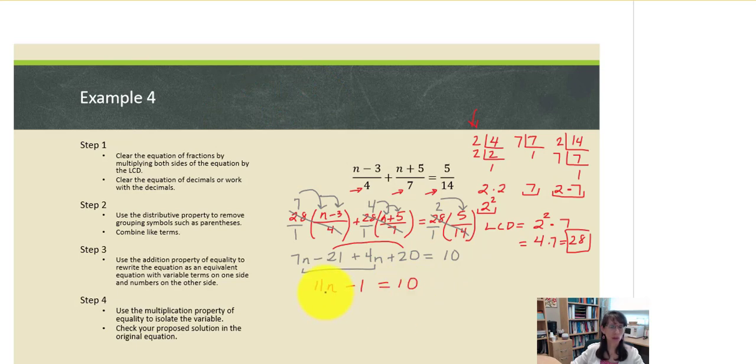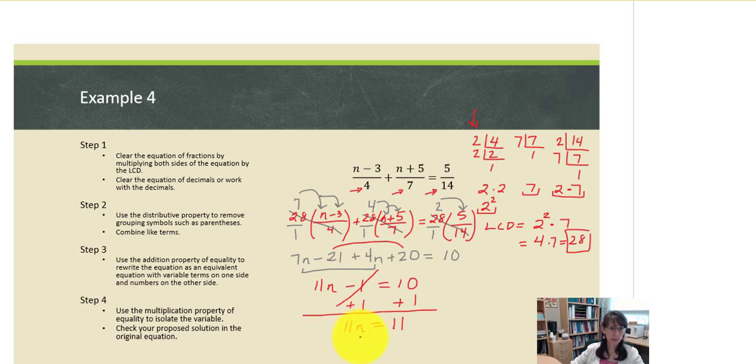Notice that we only have one term that's a variable, so we're going to leave 11n right where it is, and we'll move this negative 1 by adding 1 to each side of our equation. That's our addition property of equality. So we eliminate it from one side and collect it on the other. We're left with 11n equals 11.